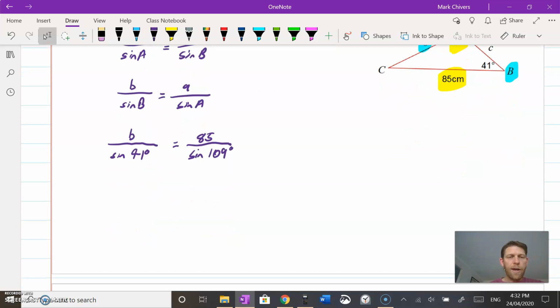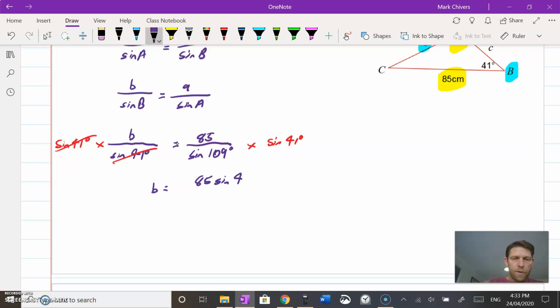So as we move along with that, we could just multiply both sides by sine 41, because that'll cancel out on that side. So that's going to cancel out with that, and we're going to end up with B equals 85 sine 41 degrees on sine 109 degrees.